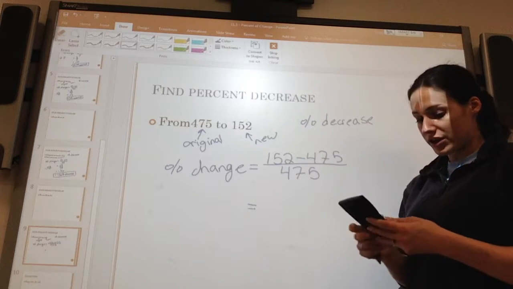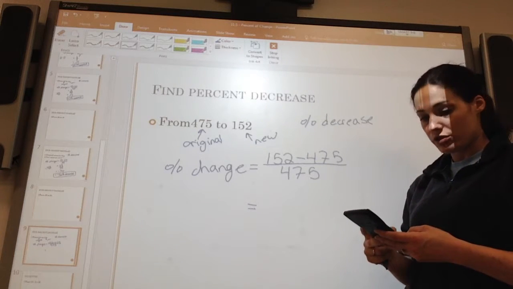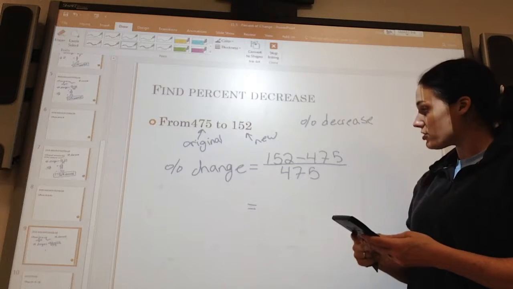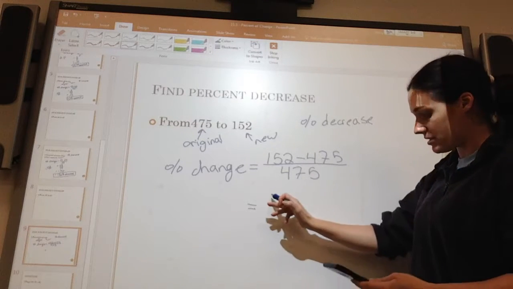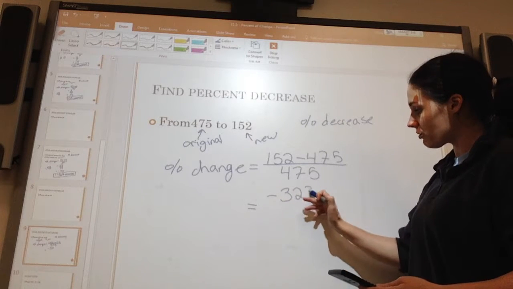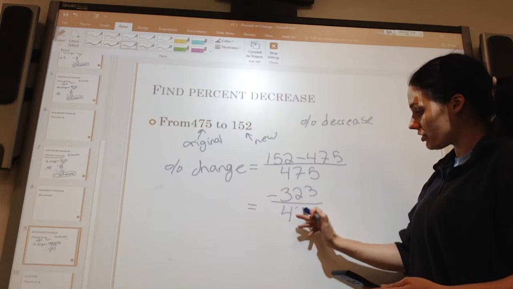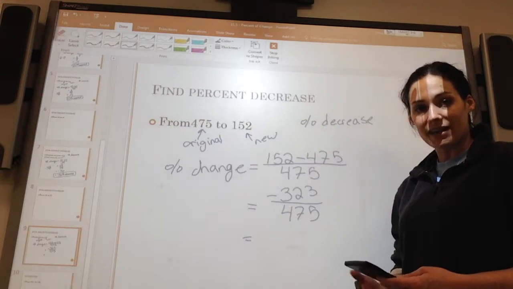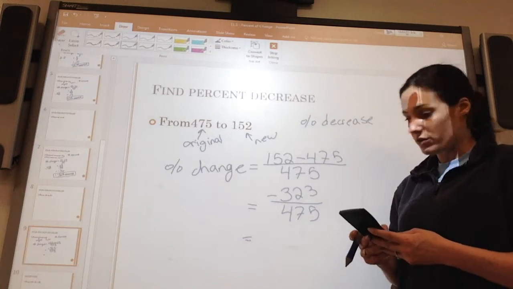Okay, reach for your calculator. Make sure that you do this in a few steps. So only do the subtraction on this first step. 152 subtract 475 is negative 323 divided by 475. Okay, so just get the numerator simplified, then do your division and get the fraction into a decimal.